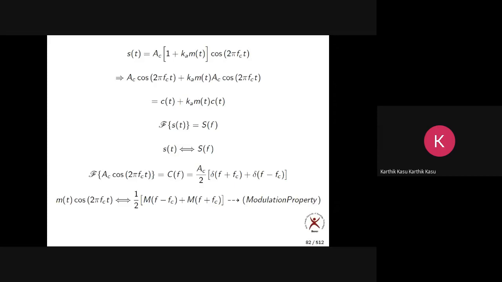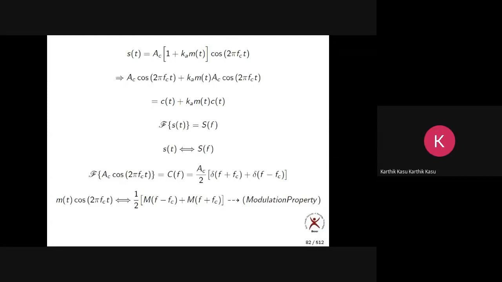Now tell me, what is x of t convolution delta of t? It is x of t only. In the same way, x of t convolution delta of t minus t naught is the delayed version of x of t, that is x of t minus t naught.